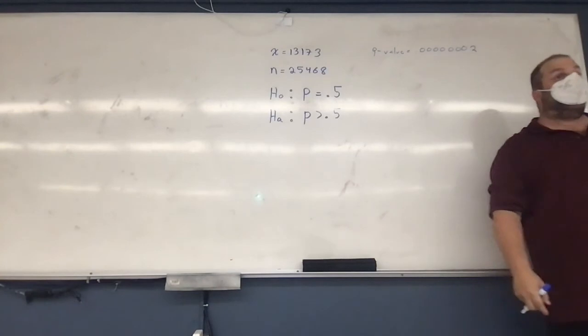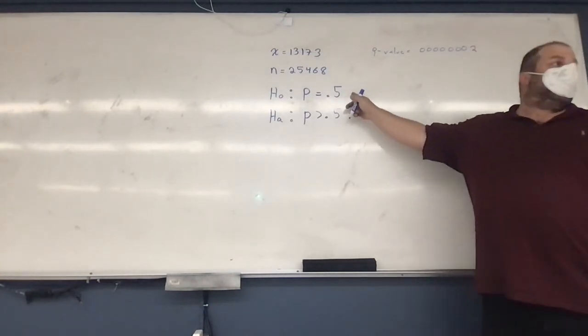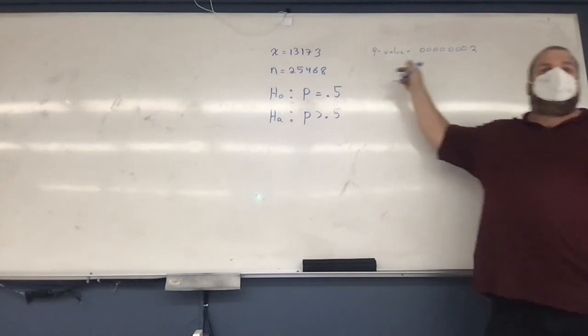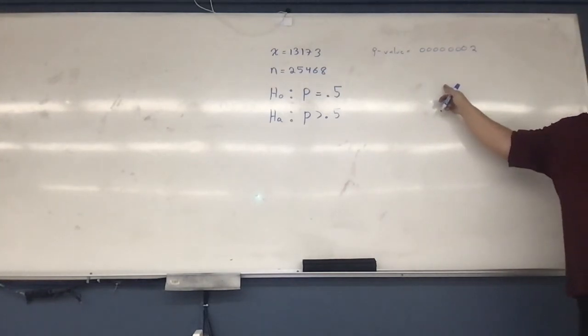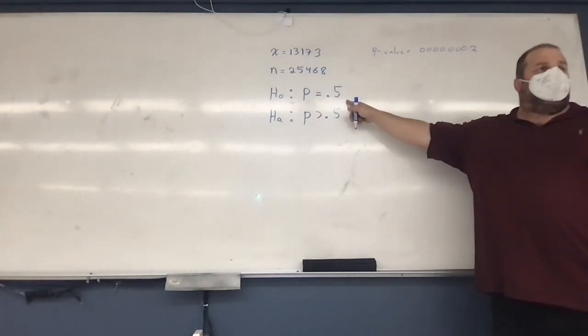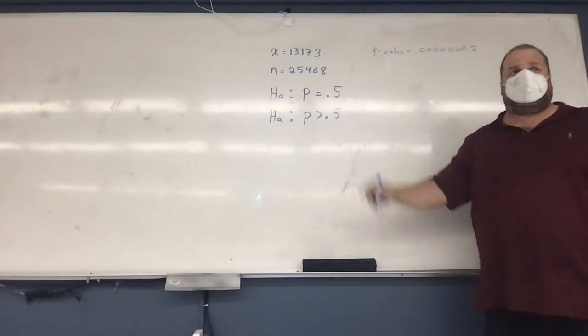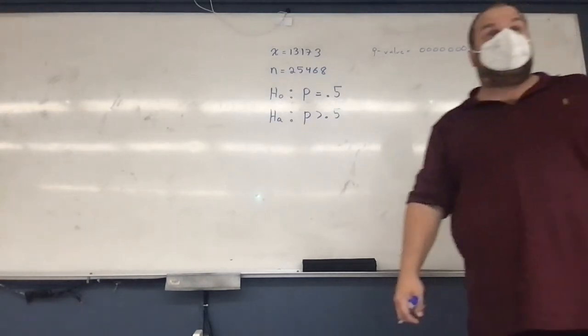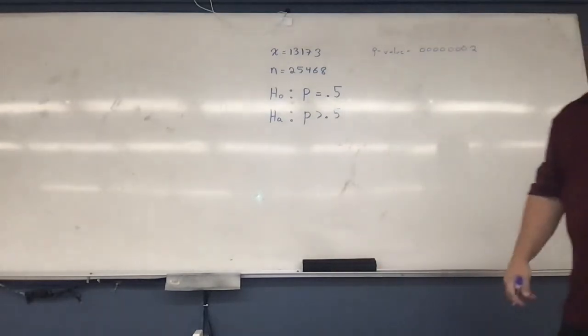That means if the null hypothesis were true, if P is really 0.5, this is the chance of getting the result that I got. If something this unlikely actually occurred, would I accept this? No. So I will certainly reject the null hypothesis in this situation. And it seems that amongst newborn children, from the sample at least, boys are certainly more likely to be born than girls.